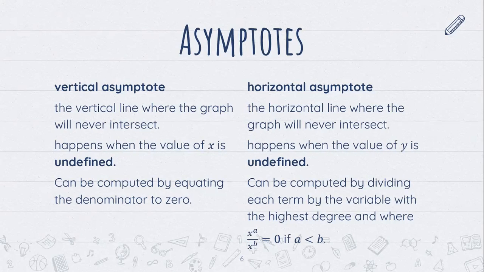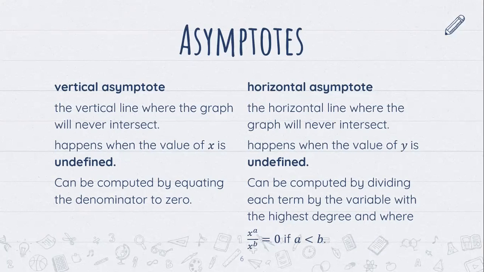Kailan ba nagkakaroon kapag undefined ang y? Kapag meron tayong value of y pero hindi natin siya makita as a result from the value of x. I mean, pwede tayo magbigay ng n number of x, kunwari. Pero yung answer na yon sa y, doon sa output, hindi natin siya makita.